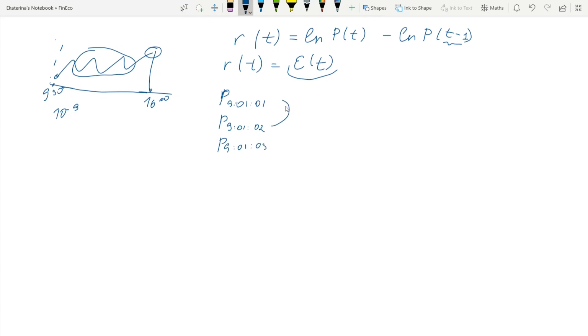Now, if you look at the corresponding return for 9 a.m., first minute, second second, and then the third second, which would be the log price difference. If you look at those returns at the really high frequency level, conditional basically on their variance, you could think about them as a subordinated stochastic process.